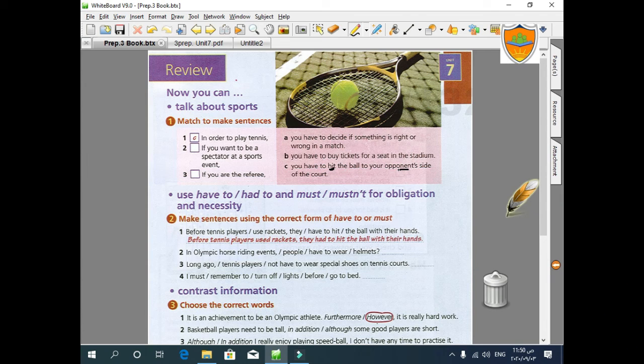If you want to be a spectator at a sports event, if you want to watch a match in a stadium, you have to buy tickets. If you are the referee, a person who judges or controls a game, you have to decide if something is right or wrong in a match. This is A.